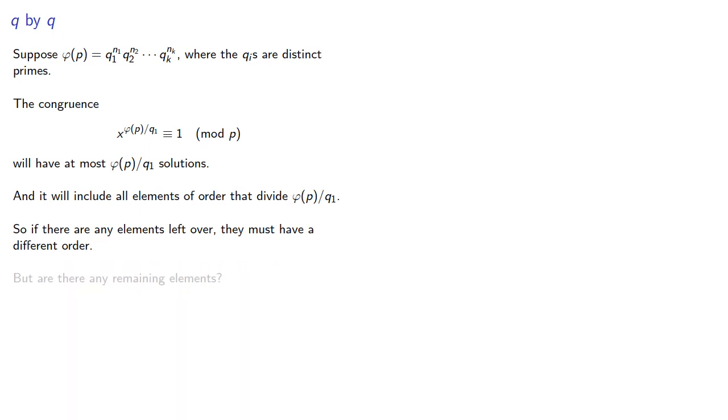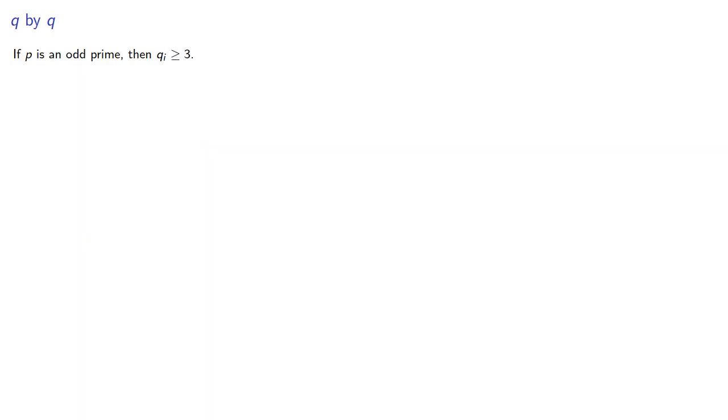But are there any remaining elements? So if p is an odd prime, then each of the prime factors has to be at least 3. So when I divide by q1, phi of p is p minus 1, and q1 is greater than or equal to 3. So we can turn the equality into an inequality.